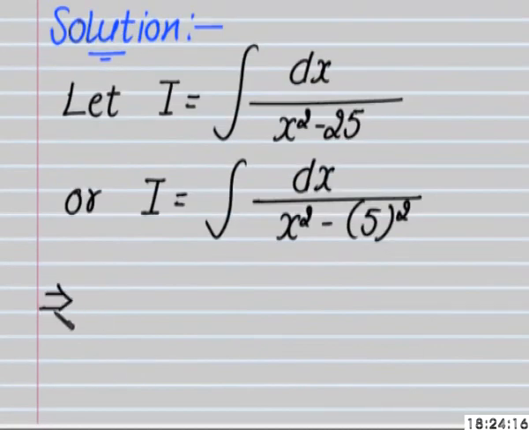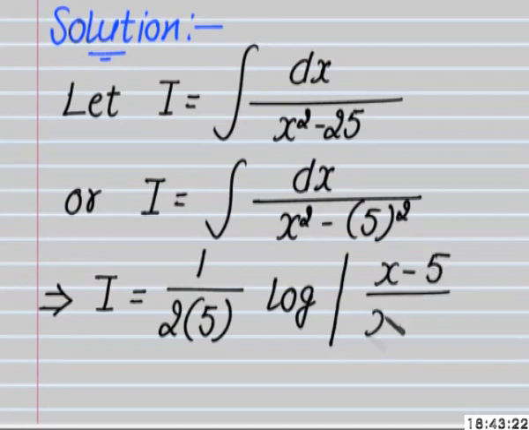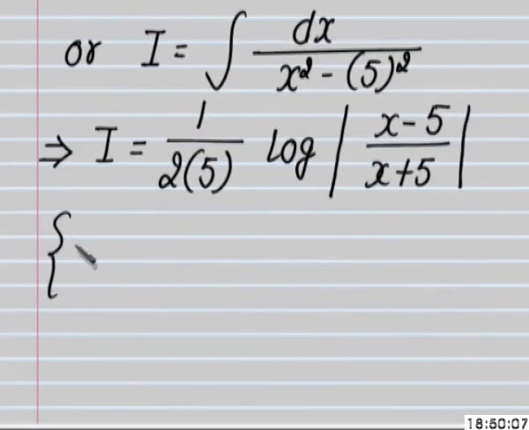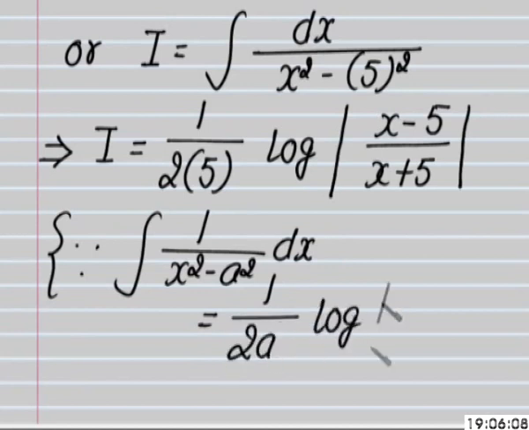So this implies I is equal to 1 upon 2 into 5 into log of mod of x minus 5 upon x plus 5, because we know that integral of 1 upon x square minus a square with respect to x is equal to 1 upon 2a into log of mod of x minus a upon x plus a.